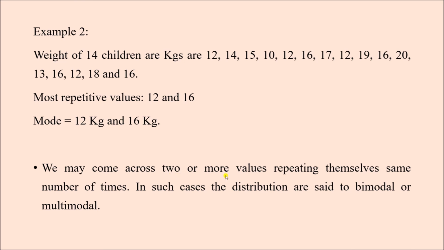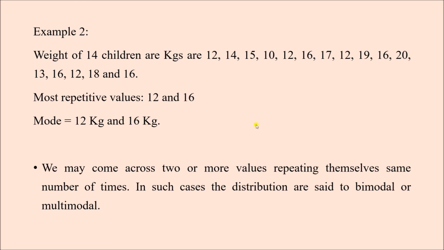We may come across two or more values repeating itself same number of times, just like this. So two values here repeating themselves 4 times, so same number of times. In such cases, the distribution is said to be bimodal or multimodal. Here we have two values repeating itself same number of time, and that is why this is a bimodal data, because we have two values.